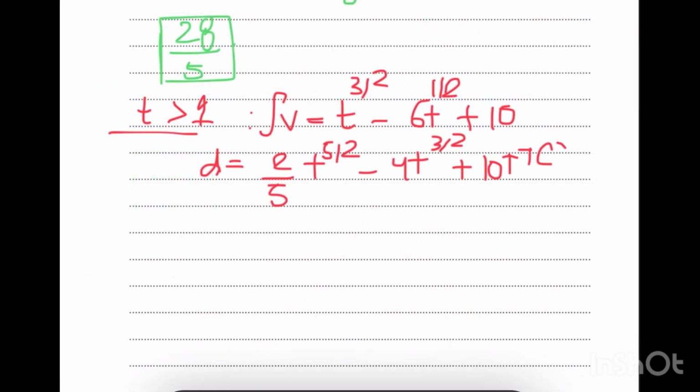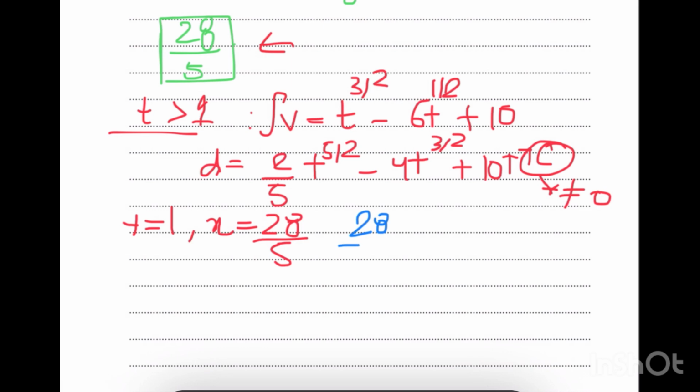So now in this case, c will not be equal to 0. That is because we know that when t is equal to 1, the displacement is equal to 28 over 5, as we did over here. So when we write that down, we know that 28 over 5 must be equal to, when we substitute the value of 1 in place of t, 32 over 5 plus c.